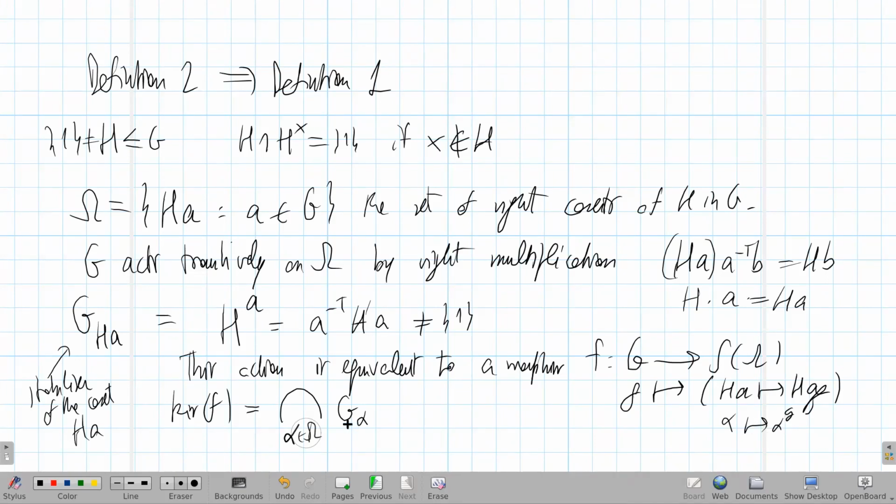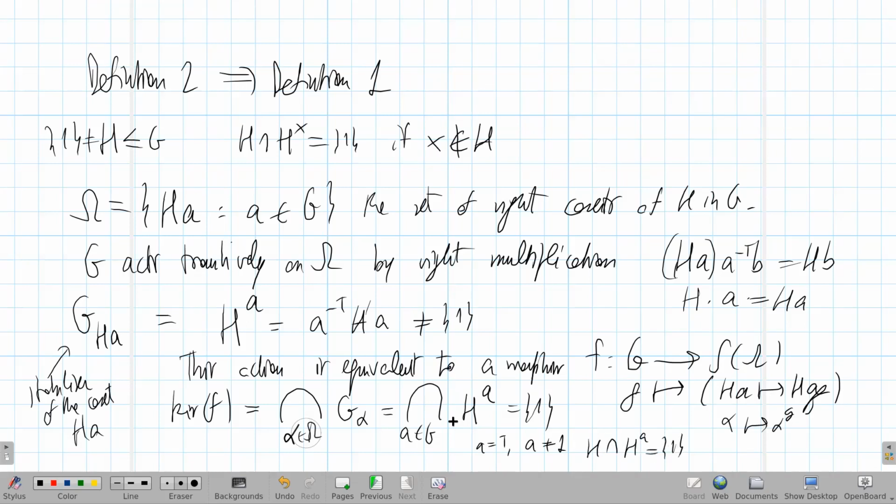So the kernel is the following. In this case, since the stabilizers are conjugates, this is the intersection over a in G of the conjugates H^a. But you see, it's enough to take two of these to have that this is 1. It's enough to take a equal 1 and then a different from 1, and then H intersect H^a will be 1.